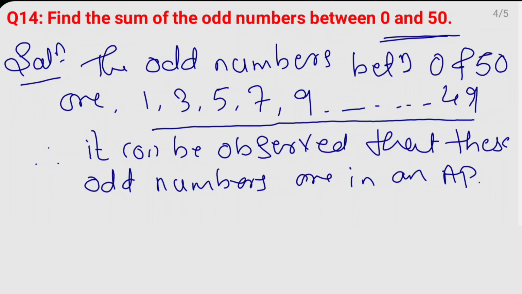See here 1 3, here is a 2, and 3 5, here also difference 2, 5 7, here also difference 2, 7 9, here also difference 2. So here the common difference is constant, so it is an AP.